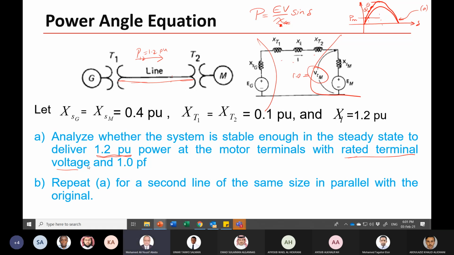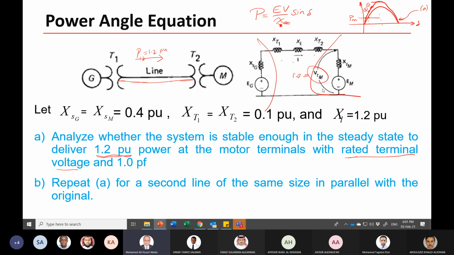So can we solve the problem here? You are given the power, the terminal voltage, and the power factor. So can we proceed to get EG and EM, and get the current, and the rotor angle of EG and the rotor angle of EM?